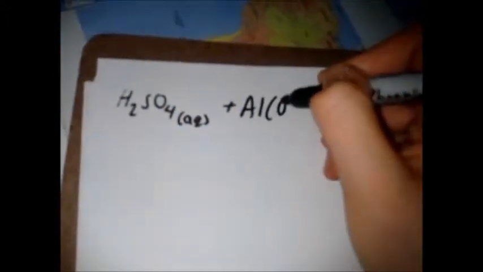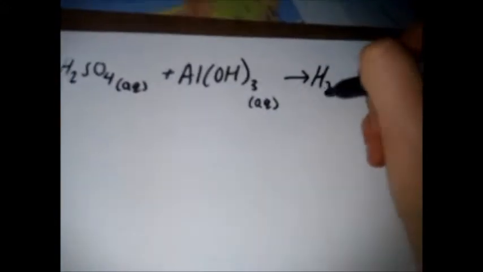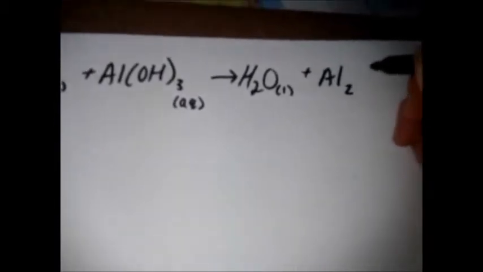So now, our next example is sulfuric acid, H2SO4, plus aluminum hydroxide yields H2O plus aluminum sulfate, aqueous.